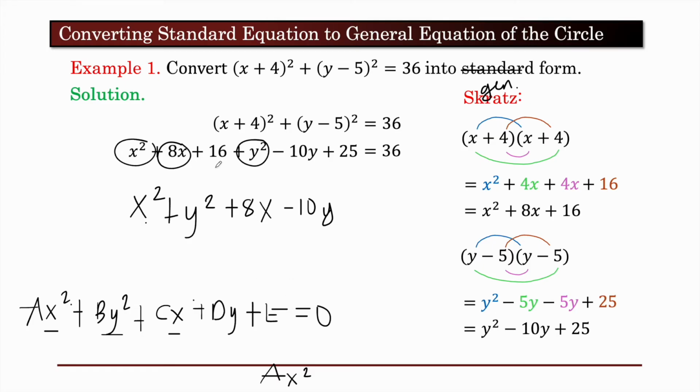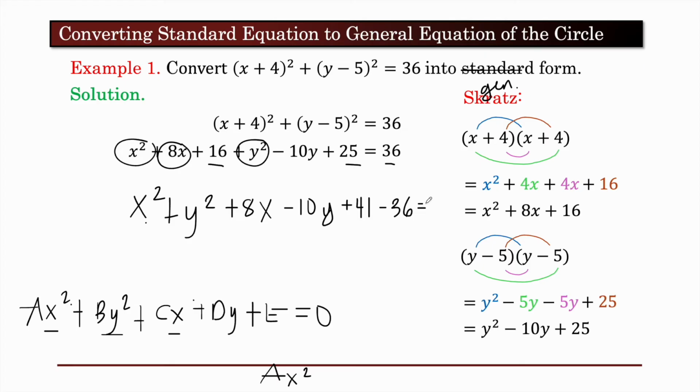Okay, the constants in this equation are 16, 25, and 36. So 16 plus 25, that will be 41. So plus 41. Then let us transpose 36 to the left side.